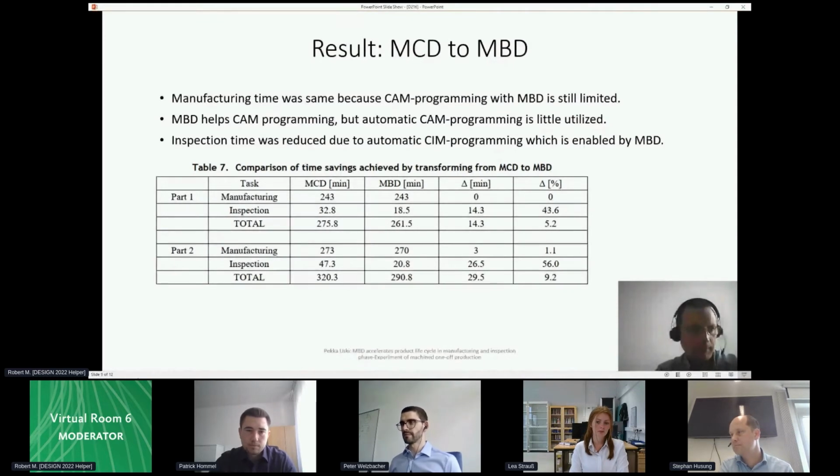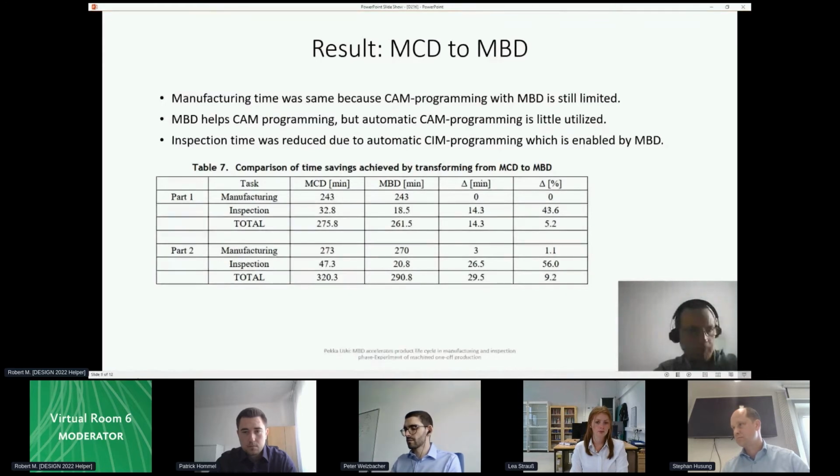When we compare parts 1 and 2, we can find out that manufacturing time in part 1 was the same with model-centric and model-based definition. Inspection time savings were significant with model-based definition, where time saving was over 40%.